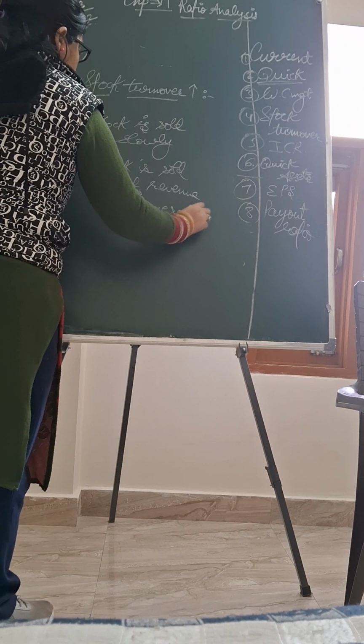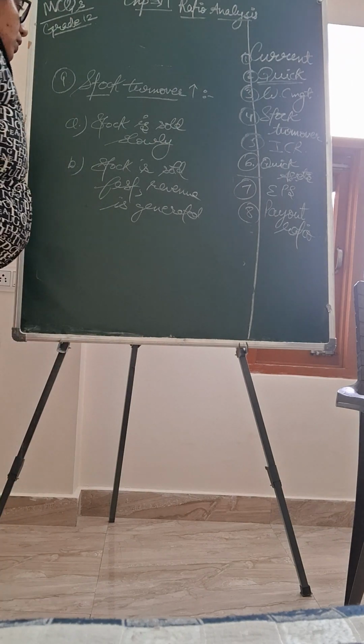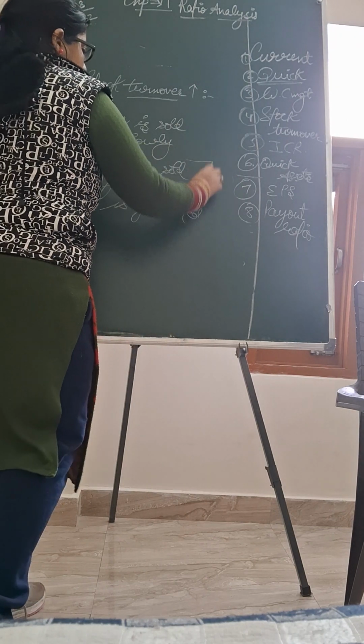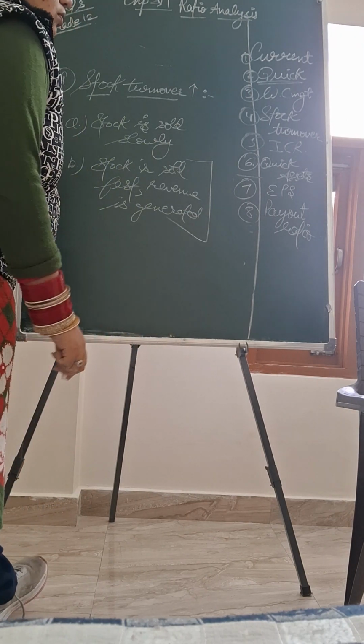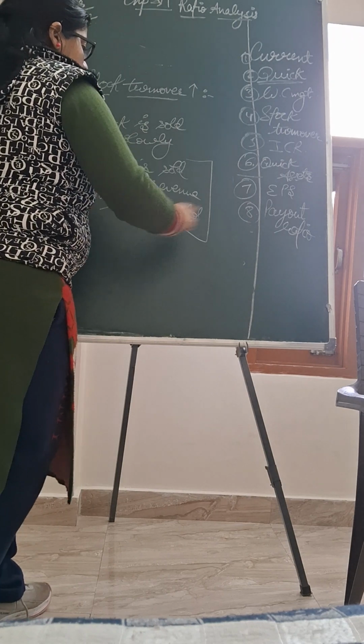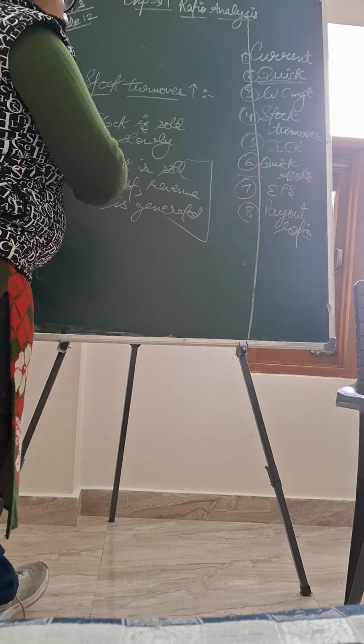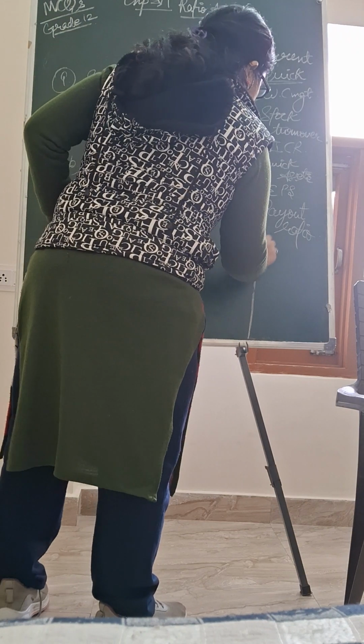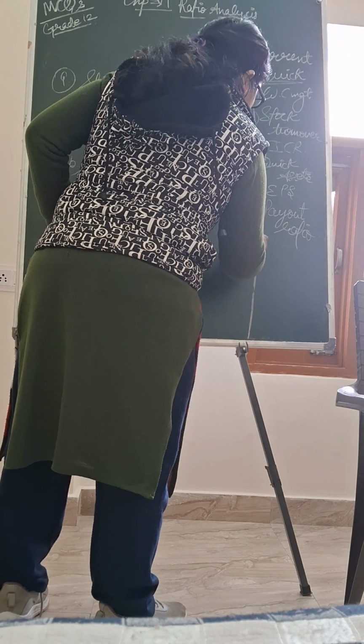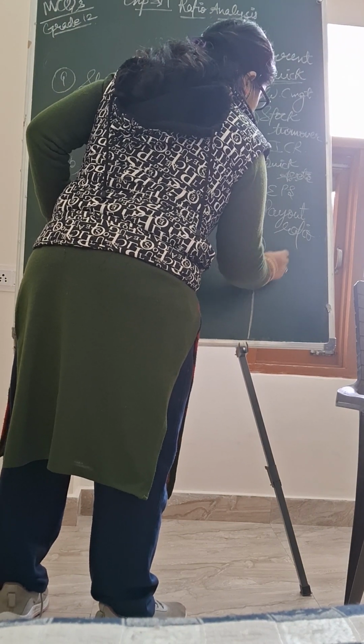So this is the important thing. Stock is sold fast and revenue is generated is the right answer, because if the stock turnover ratio is higher, it means stock is sold at a very fast pace and revenue is generated very easily. So the 9th point I am covering the theory, and the 10th point also I am covering the theory.